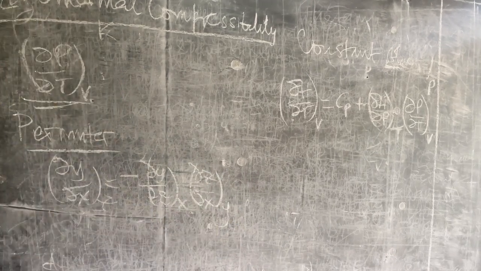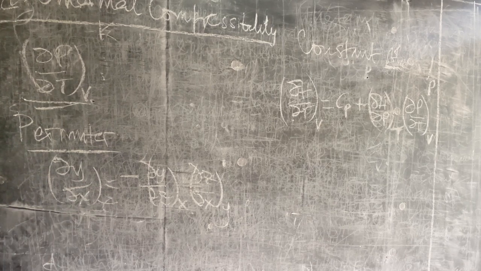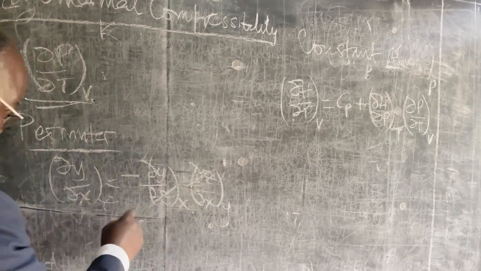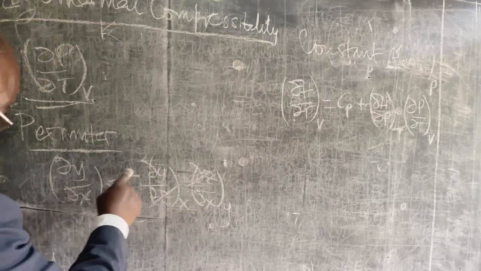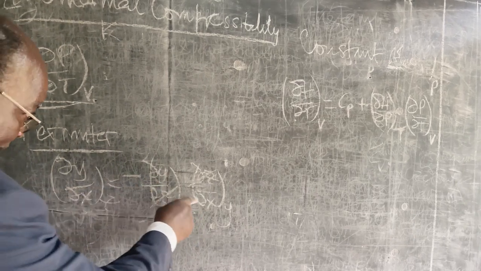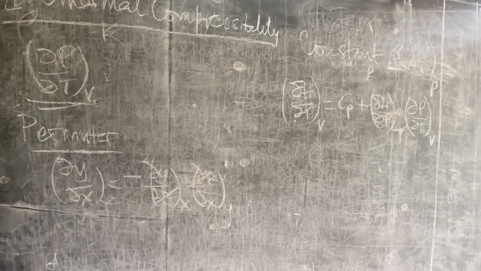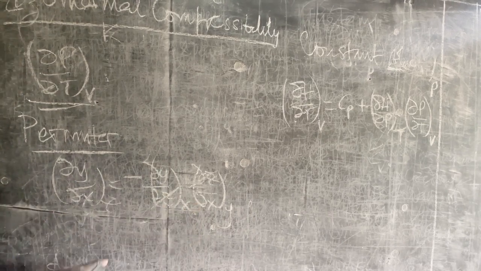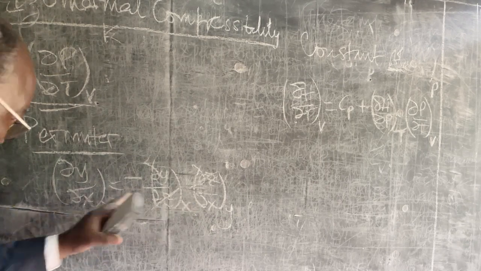If you look at that expression, it's a cyclic expression. You can see that if you cancel the ∂z's in your mind, then you will have almost the same expression as you had, ∂y/∂x. That's one way of remembering it. If you cancel this quietly in your mind, then you will have what you started with.